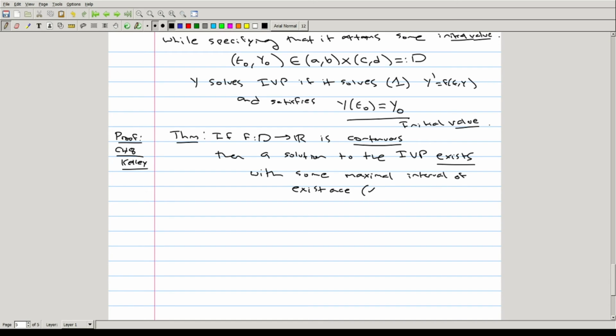We'll call that alpha comma omega. This is an interval of existence that in general is a subset of AB. And this means the initial value has to be included in this interval of existence.